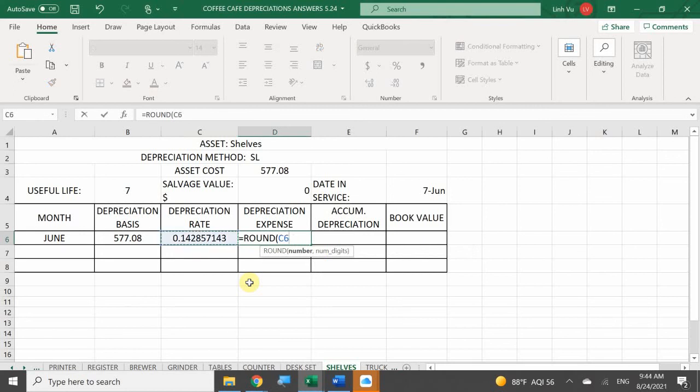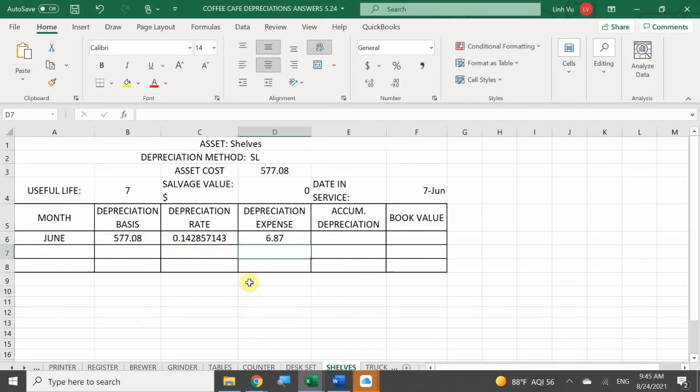And then, last but not least, what is the depreciation expense for the month of June? $6.87.